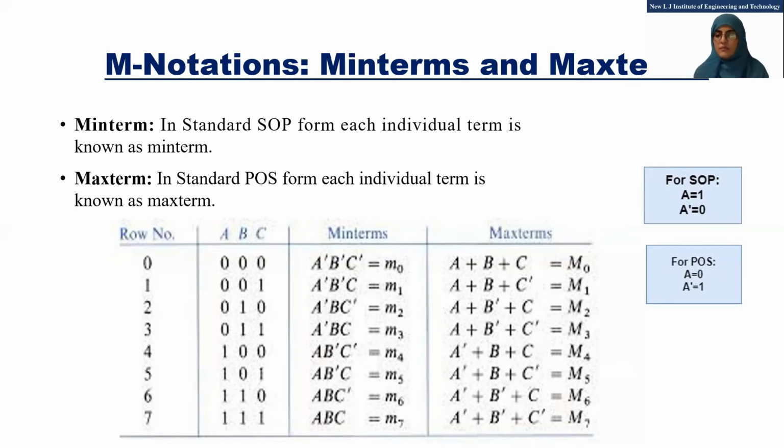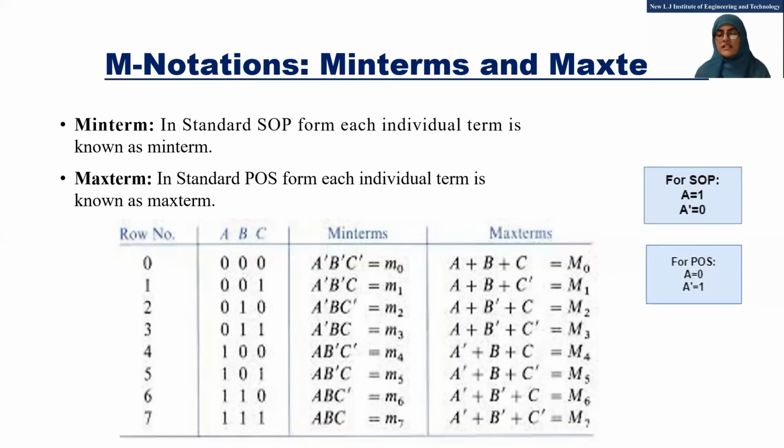For max term, we have to consider POS form. So for POS form, we know that A equal to 0 and A prime equal to 1. So in row number 0, 0 regarding input A will be A, 0 regarding input B will be B, and 0 regarding input C will be C. So the final term is A plus B plus C, which is in the form of POS form.